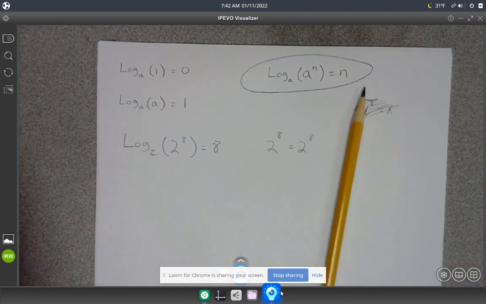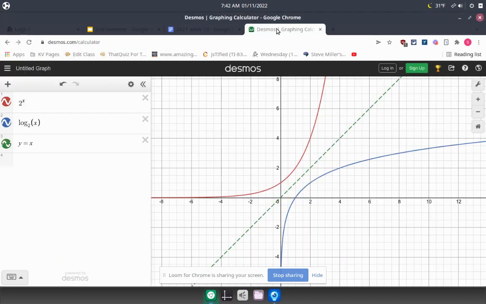I know last year we mentioned inverses. We had talked about inverses are always a reflection of each other across the line y equals x, and that's true. We had mentioned the stuff where the domain of one is the same as the range of the other. There was that relationship, and that's true as long as your bases are the same in the logarithm and the exponential.